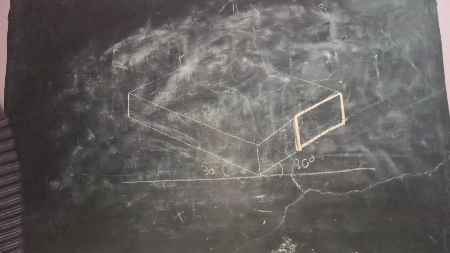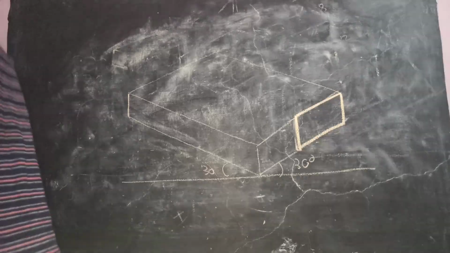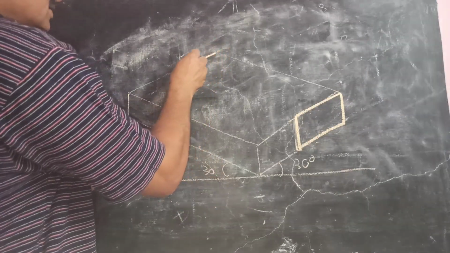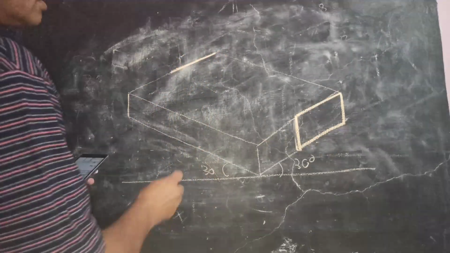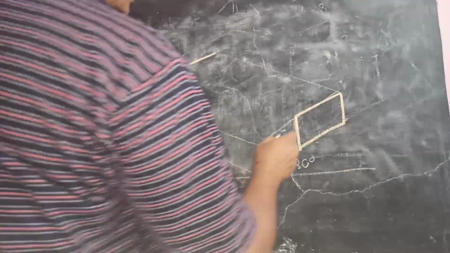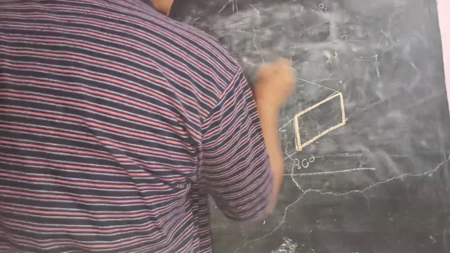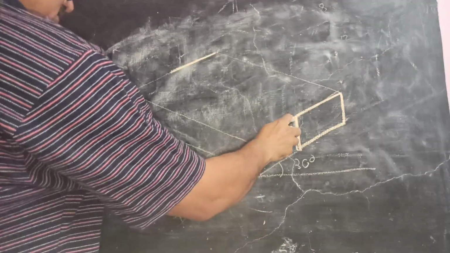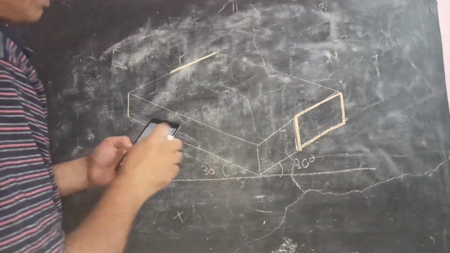So 16. Then this is also 16 from this side. Then this is straight by 12.